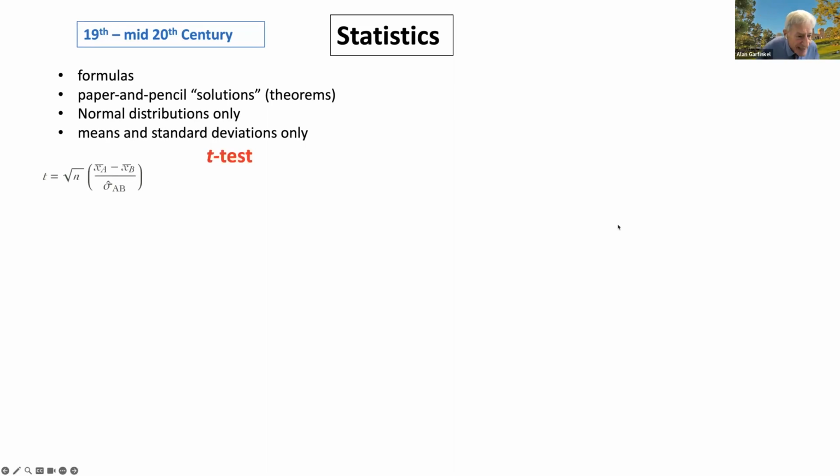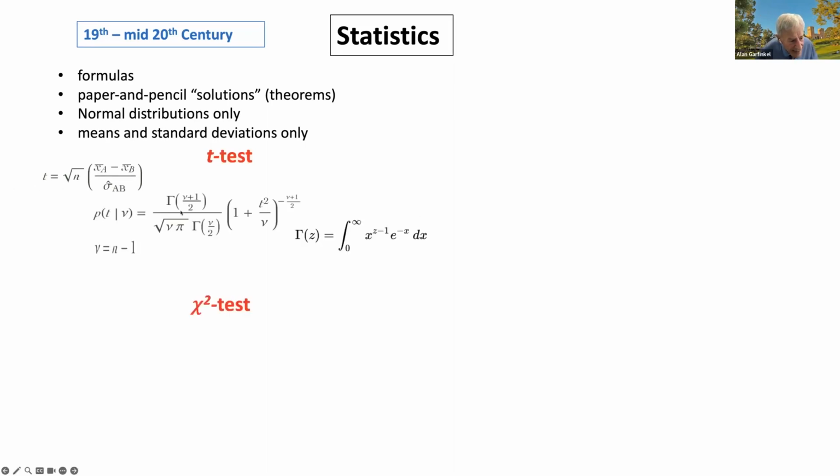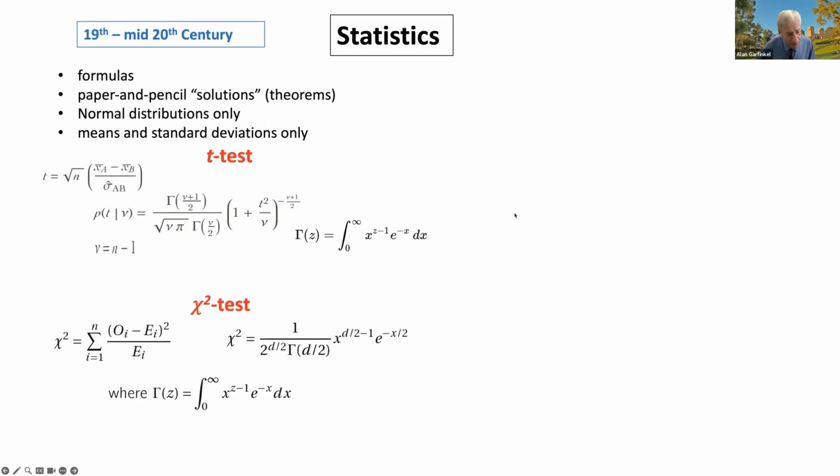So we learn about the t-test, where you calculate the t-statistic and you plug it into this formula and you see what the outcome of the formula is, or a chi-squared test. But all of these are derived for the means and standard deviations of normally distributed quantities.